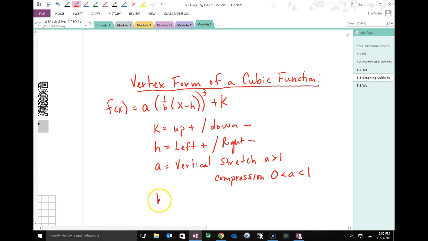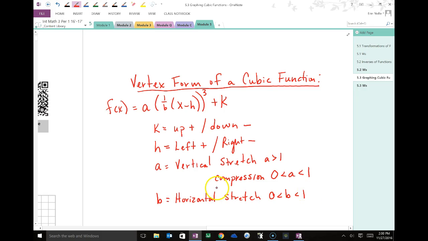For the b value, this is going to be basically the exact same, but instead of vertical, we have horizontal. So for a horizontal stretch, this is going to be the b, between 0 and 1.